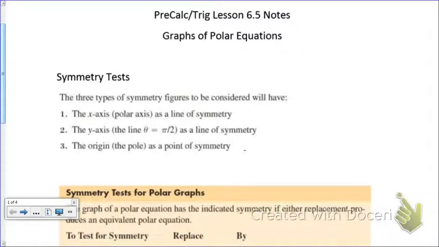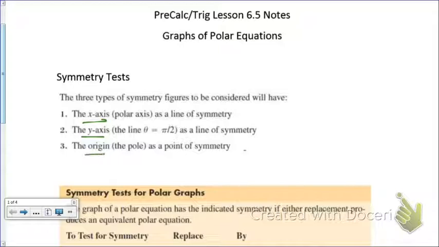We've got 3 types of symmetry. We've got symmetry about the x-axis, where it reflects across the x, up and down. We've got symmetry about the y-axis, where it's a reflection across the y-axis from left to right.